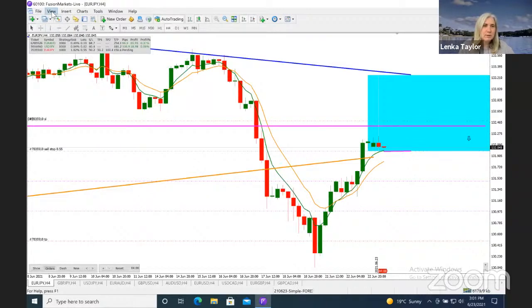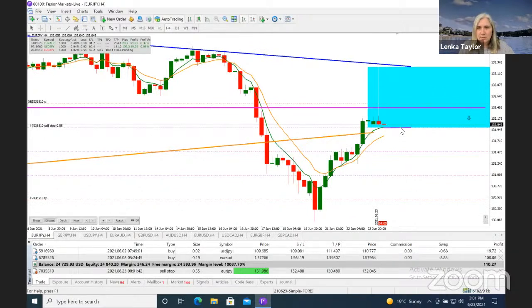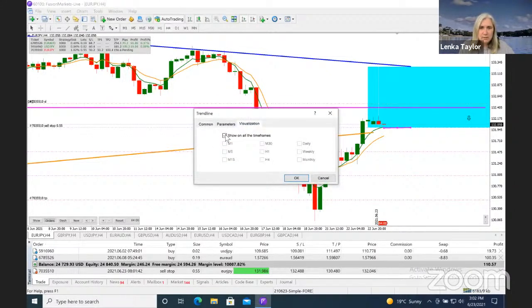So let's view the terminal, just get the numbers in there. Okay, so the entry is going to be at 131.986.